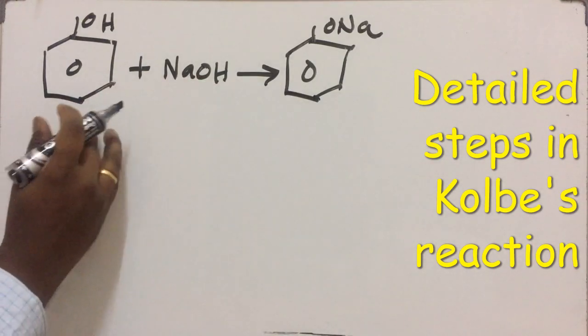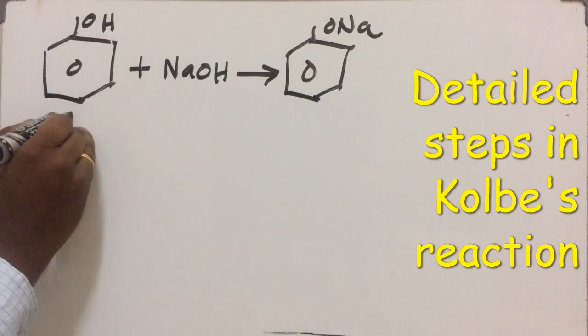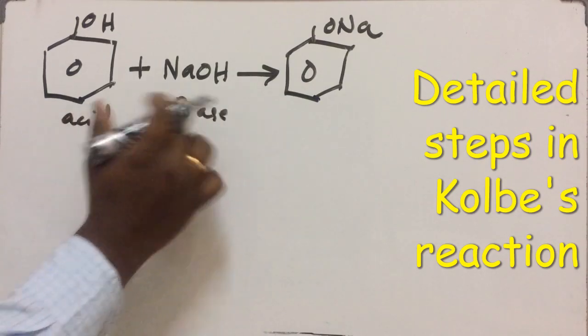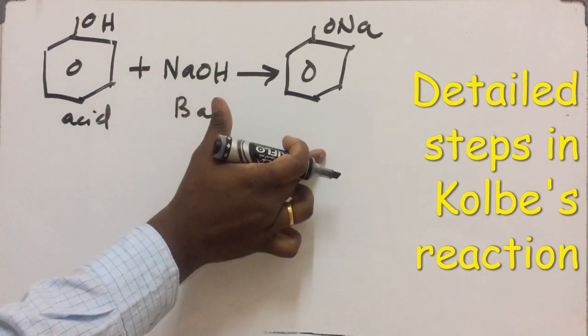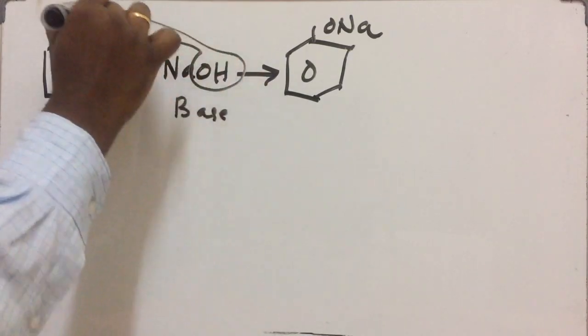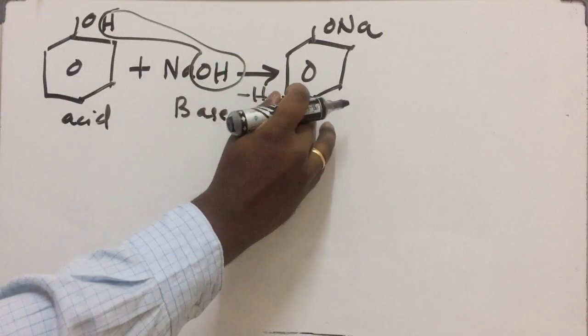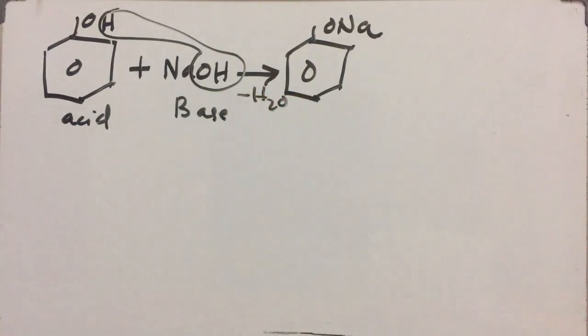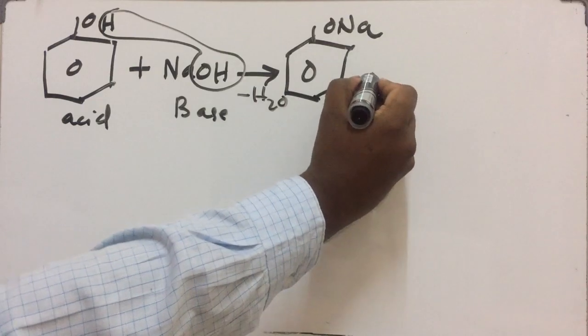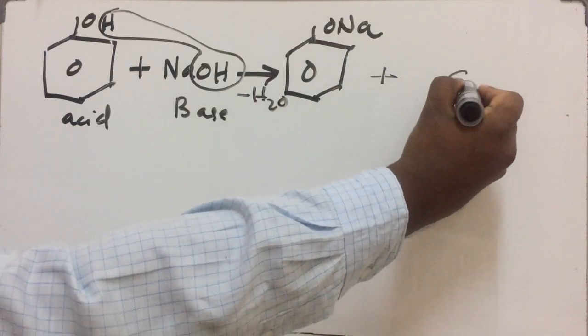How is it forming? OH is acidic, NaOH is a base, so it undergoes a neutralization reaction and removes water, H2O, then a salt forms. Sodium phenoxide is a salt. The next step, sodium phenoxide will react with carbon dioxide.